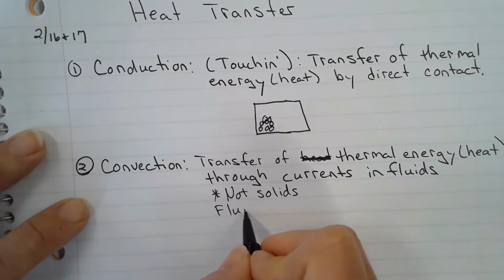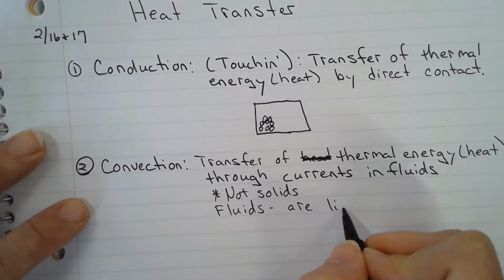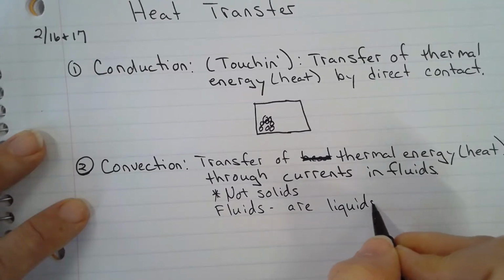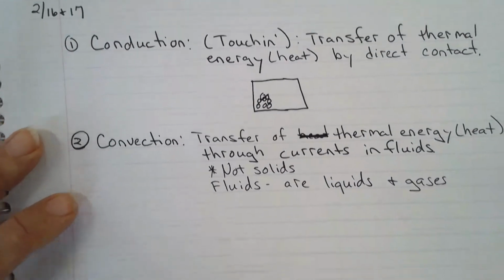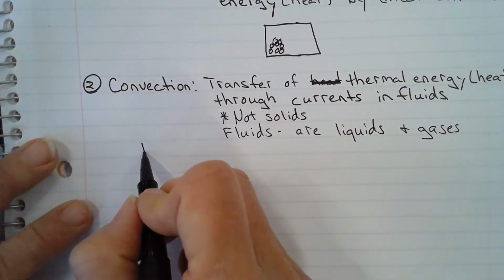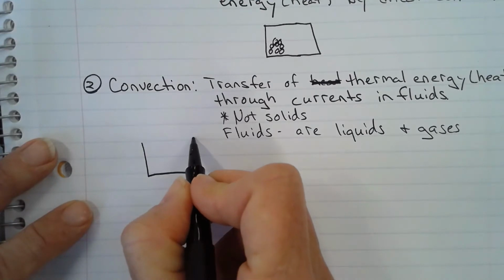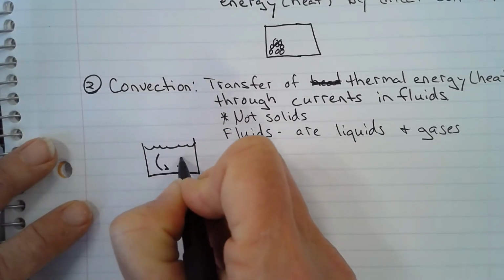Fluids are liquids and gases. So when you're talking about convection, oftentimes you're going to see a symbol, something like this, a pot on a stove, and you're going to see these arrows.